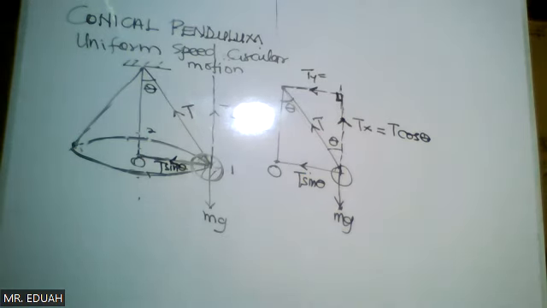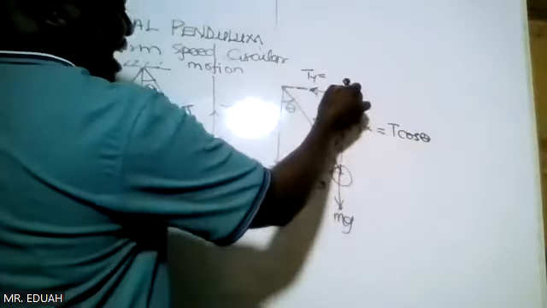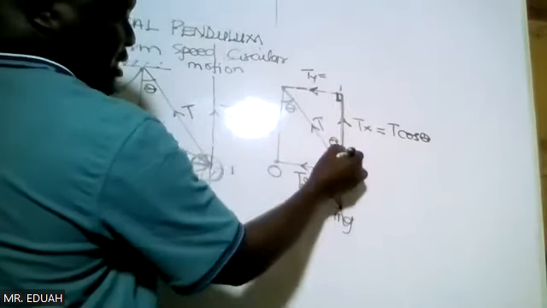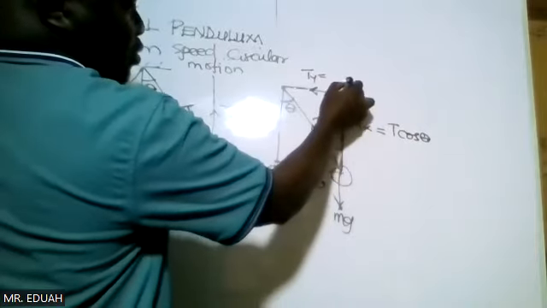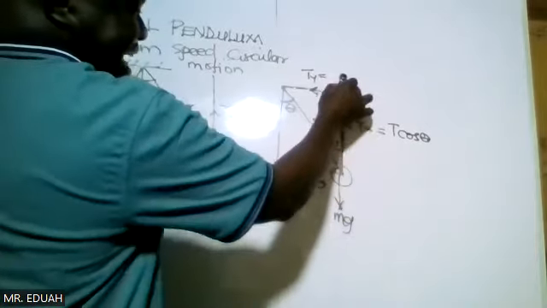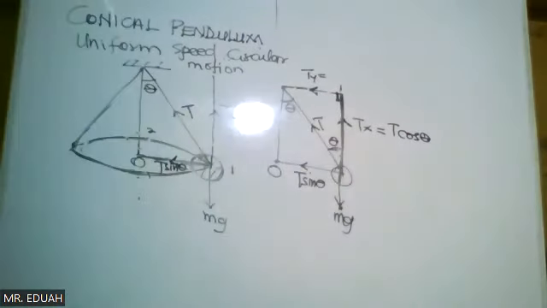Are we okay with the components? Nobody is talking. Are you okay? Yes, go ahead. Please, why is the vertical Tx and not Ty? To the angle, what side is this?